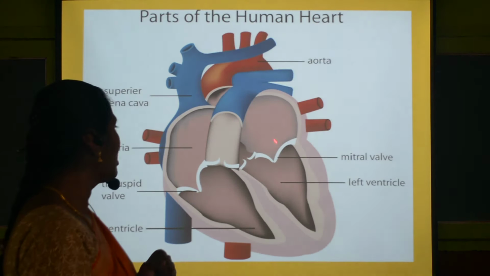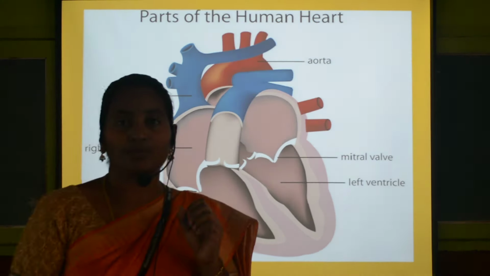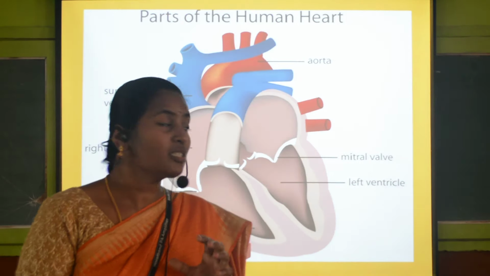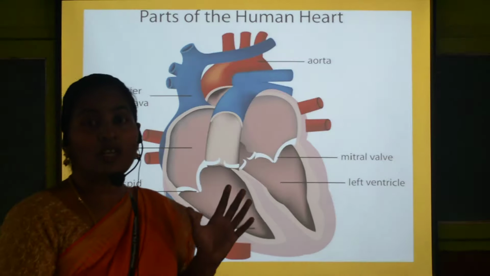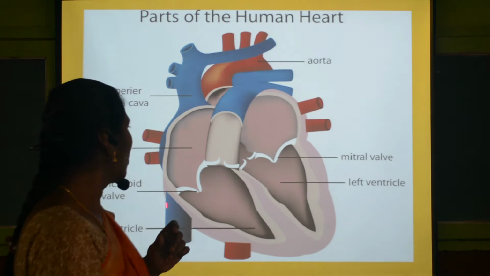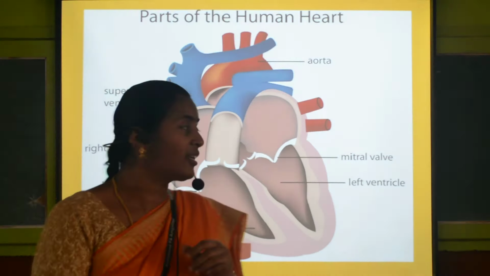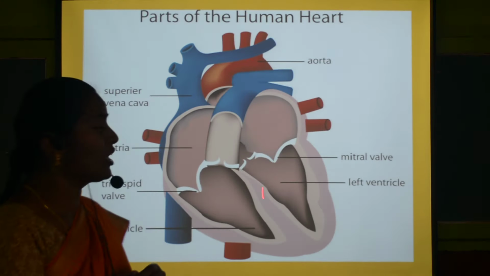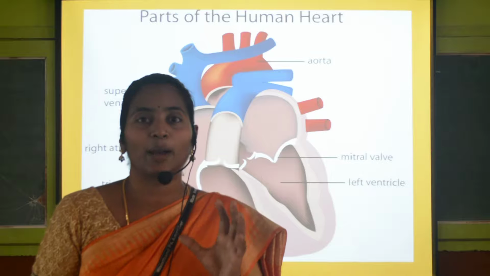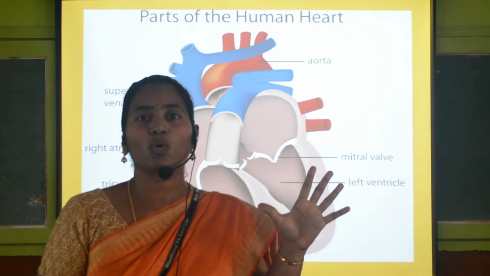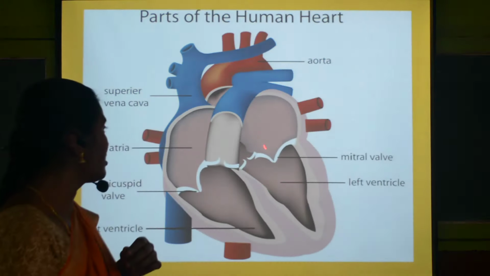At this stage, these valves make a sound. Because of this pressure, the ventricles may get opened, so the blood may go backside. To prevent that, these valves, the atrioventricular valves, get closed and they make a sound known as lub. It will be comparatively somewhat bigger when compared to the next sound, dub.